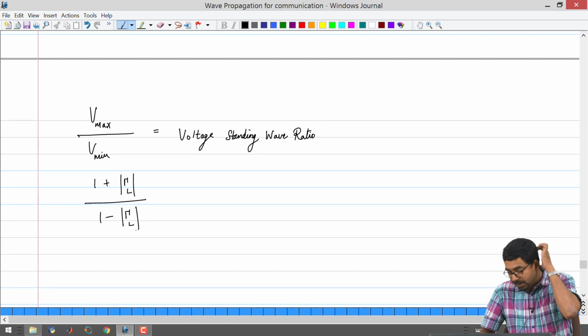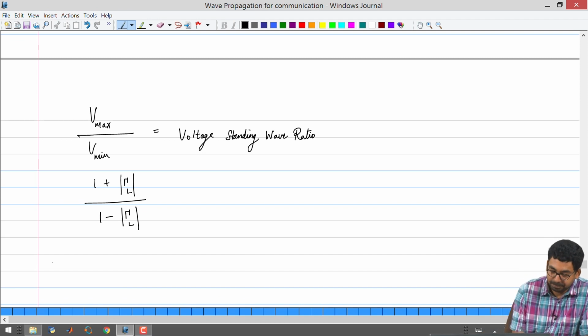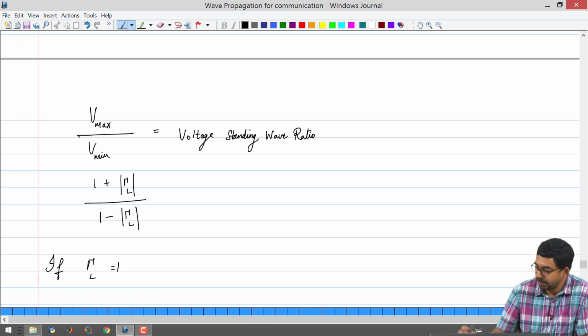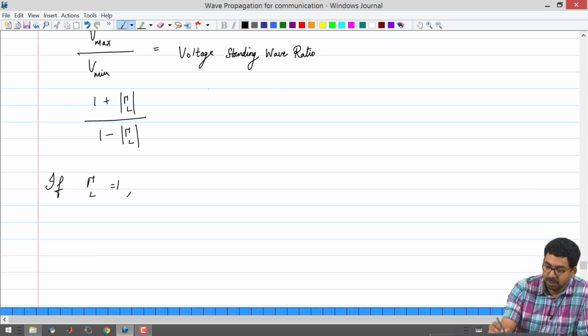In our case previously, we had open and short circuit for the simulations. So, gamma L was either equal to +1 or -1. Suppose gamma L is equal to +1. We will mark the voltage standing wave ratio with the short form VSWR.